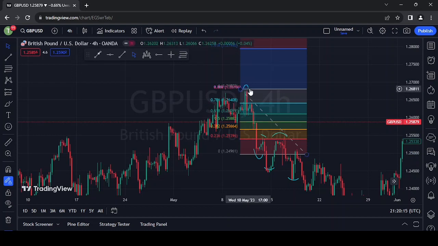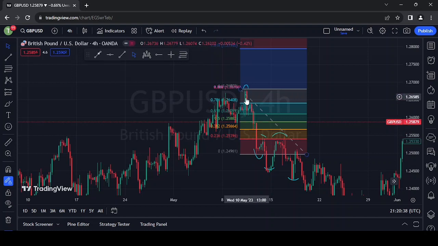So this is point 1, which is the high of this green candle, then to the low of this bearish candle. Now this is from 100% down to 0%. That's how you place your Fibonacci retracement tool.